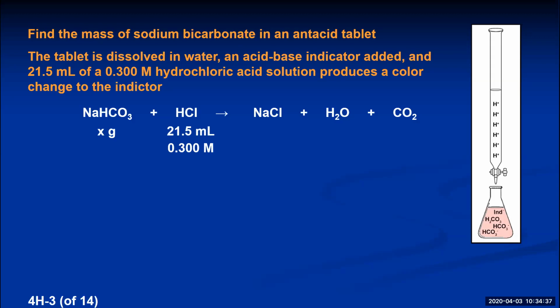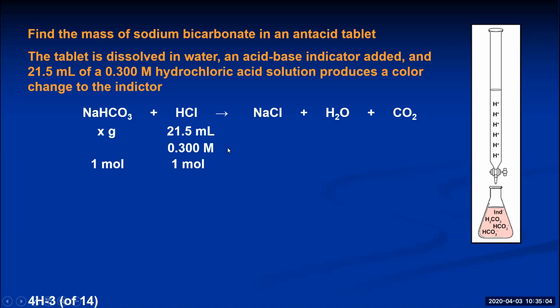So in this reaction, the sodium bicarbonate and the HCl react in a 1-to-1 ratio. And so that's going to be the way I'm going to convert from my HCl numerical data into my sodium bicarbonate numerical data. So as you may recall, when you have solution data, and that solution data is the concentration in molarity and then the volume, the reason we use molarity in chemistry is because it makes it really easy to calculate moles.